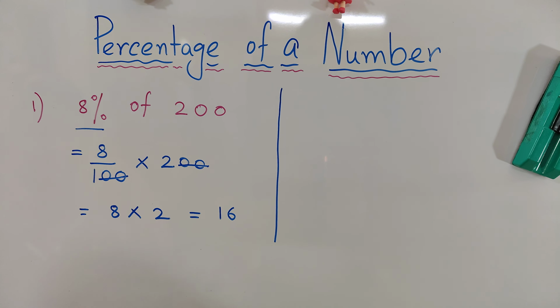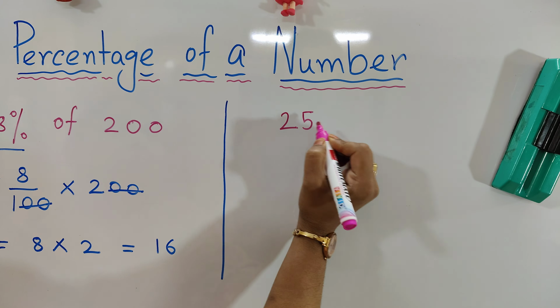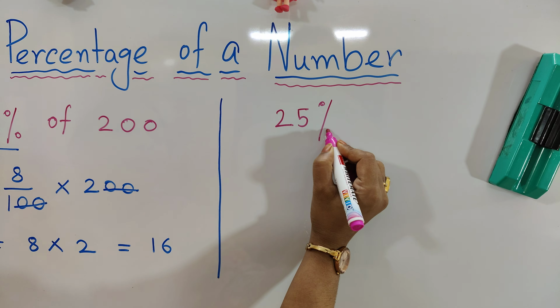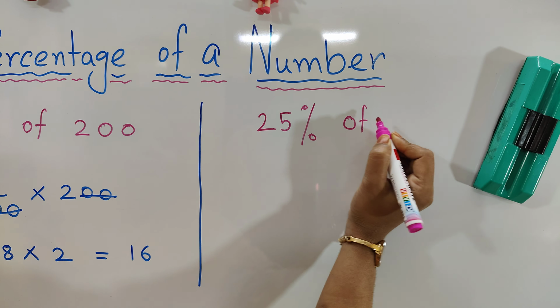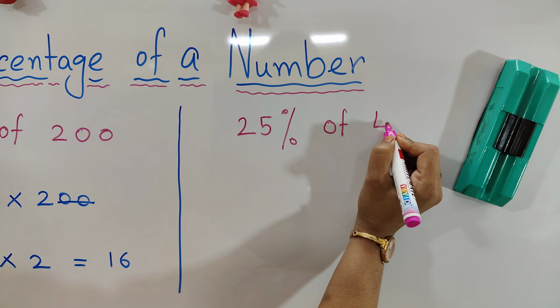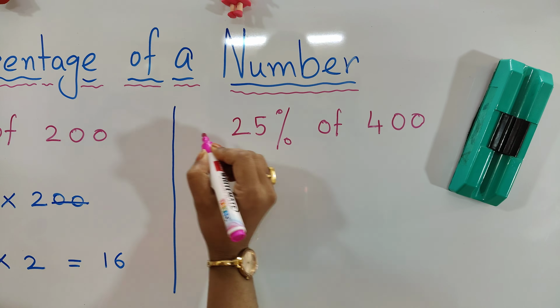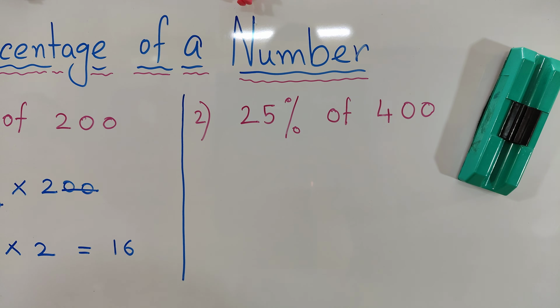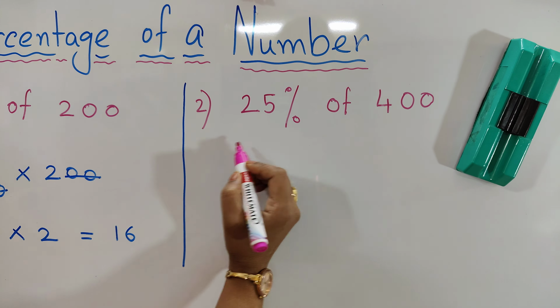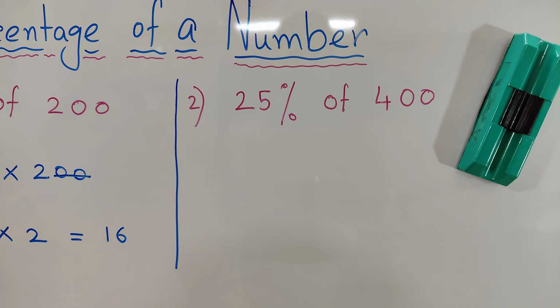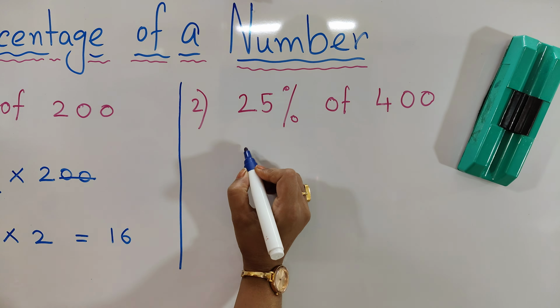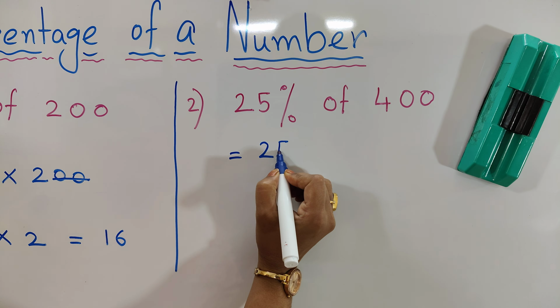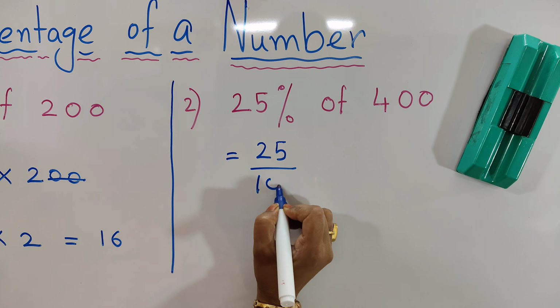Now let's do another example. 25% of 400. Number 2. 25% of 400. What is 25%? 25% means 25 by 100.